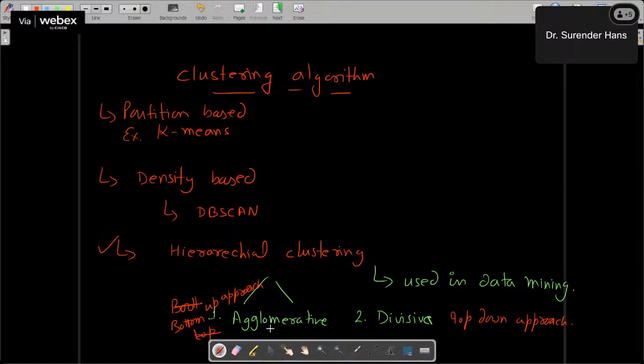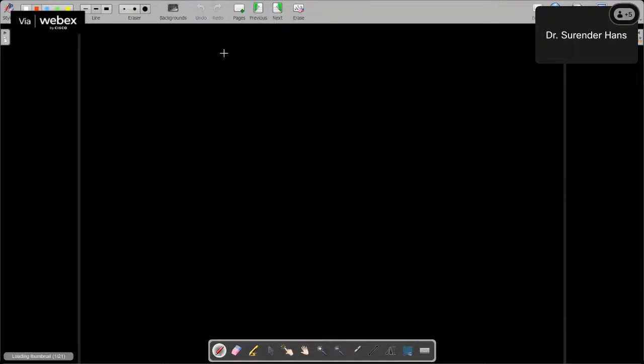Here, let's say we have some data points. Initially we assume every data point is a cluster. That is the initial step in hierarchical agglomerative clustering: start by treating each data point as a separate cluster.